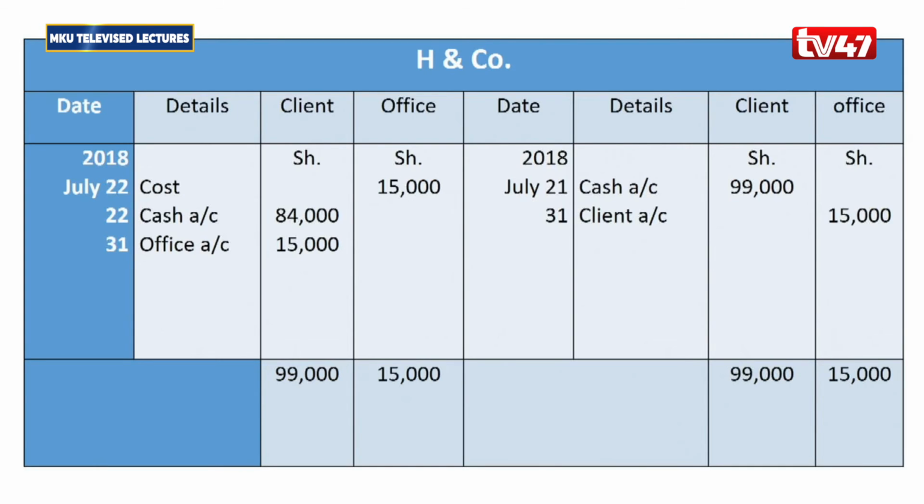So this is the costs, and this is the money that we are going to pay. We received this much out of that particular debt. 15,000 was the cost. This is on 22nd. And 84,000 is what we are actually paying out, which you can also be able to find on this particular cash book when you look at it.